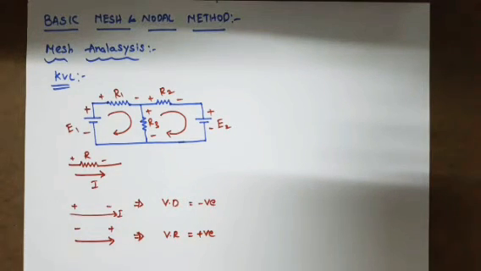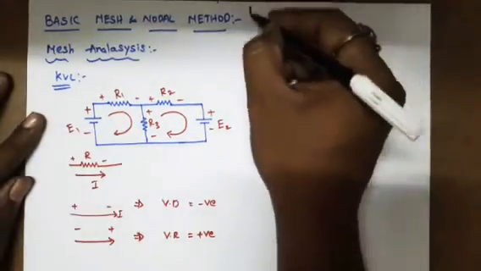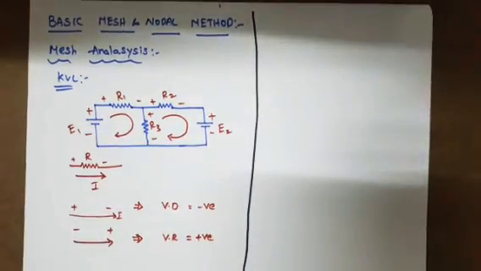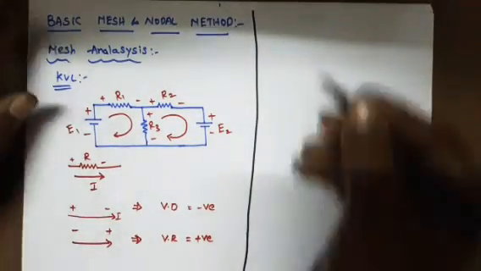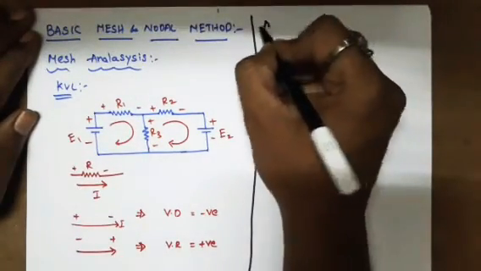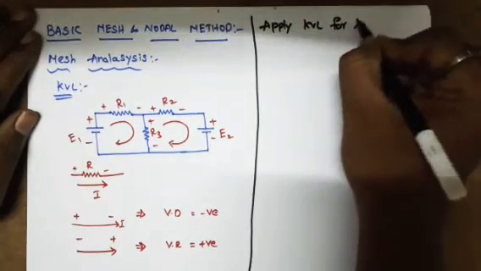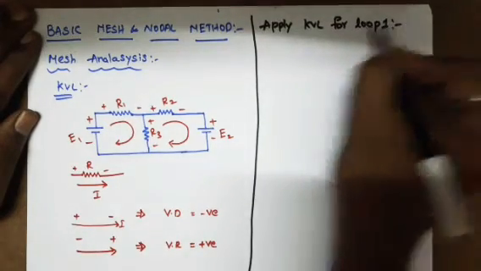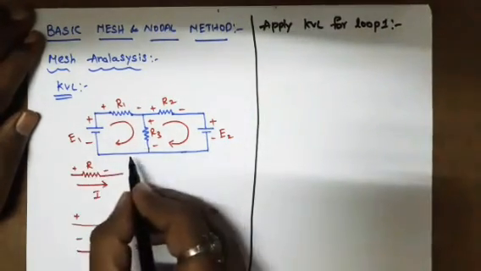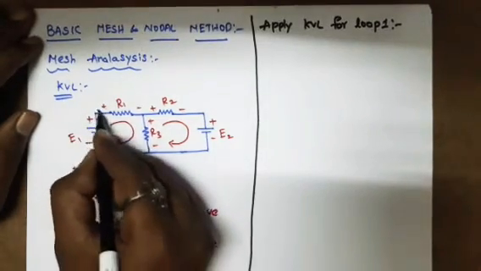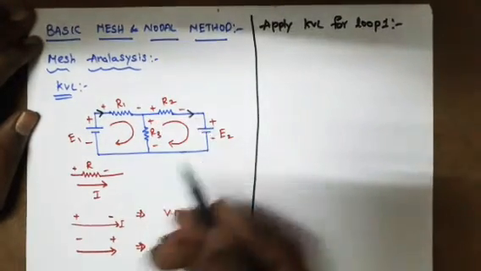Now we are going to apply KVL for loop 1. See what happens, this is loop 1. The current direction is in this way.